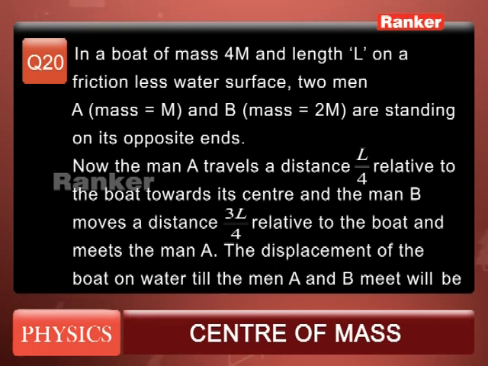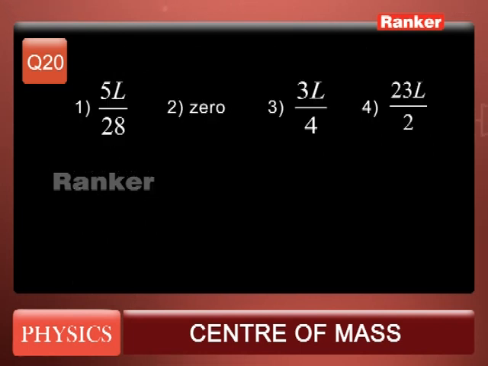Now man A travels a distance L by 4 relative to the boat towards the center, and man B moves a distance 3L by 4 relative to the boat and meets man A. The displacement of the boat on the water till men A and B meet will be: first option 5L by 28, second option 0, third option 3L by 4, and the fourth option 23L by 2.